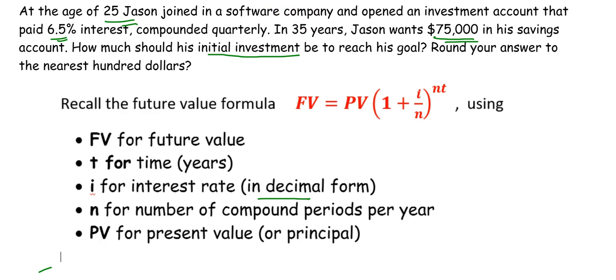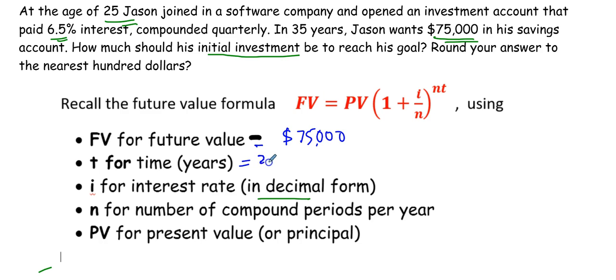So in this particular case, we have the future value. The future value is how much? 75,000. Time is 35 years.